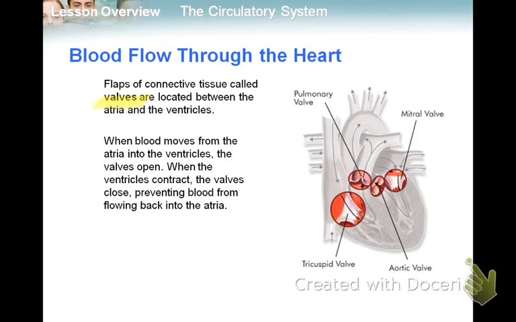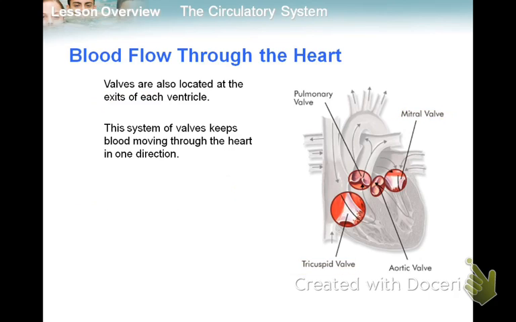On the right-hand side of the heart, the tricuspid valve is between the right atrium and the right ventricle. On the left-hand side of the heart, the mitral valve is between the left atrium and the left ventricle. The valves open, and then when the ventricles contract, the valves close, preventing backflow of blood into the atria.